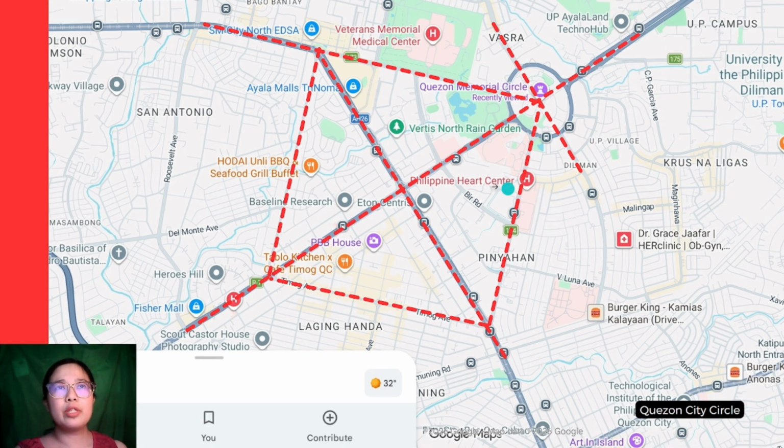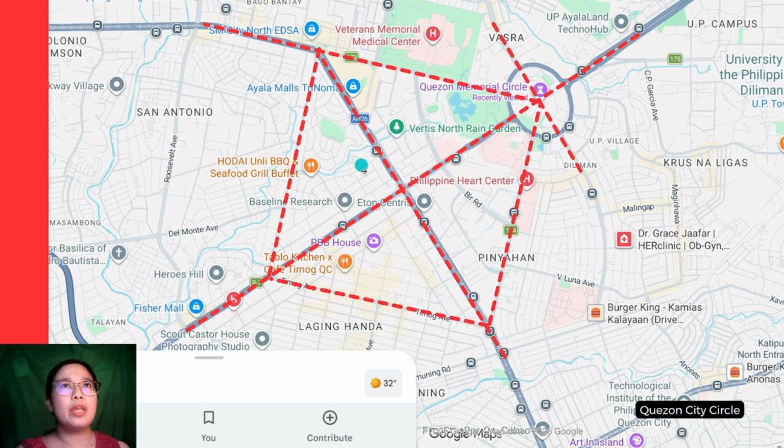So here in the QC Circle, we've observed several axes. Okay, so looking at this oval here, which is where the Quezon Memorial Circle is, makita natin na radial siya, nagre-radiate from the center. Okay? We can also assume itong pinaka-center nitong diamond here, nagre-radiate itong axis niya across.